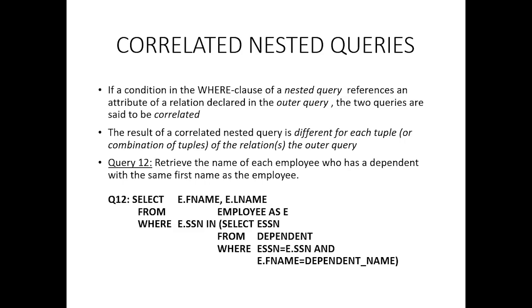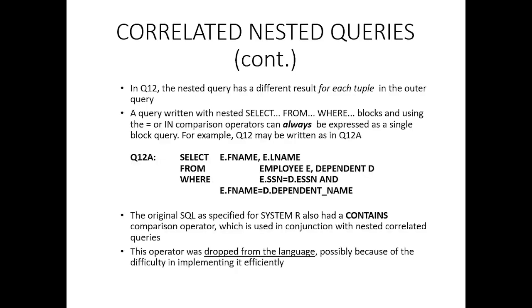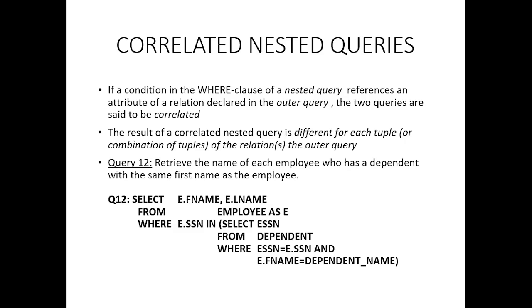We'll see. Retrieve the name of each employee who has a dependent with the same first name as the employee. That is what we need to output. So here: select e.F name, e.L name from employee as e.